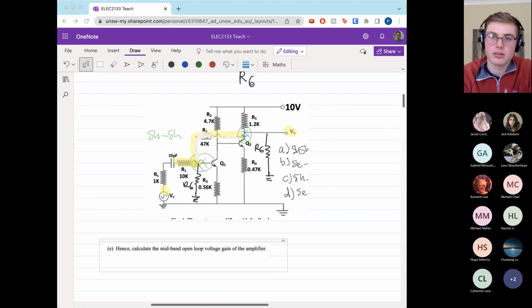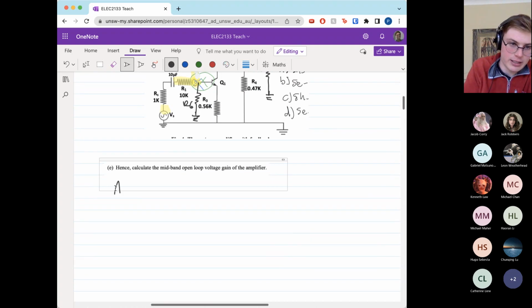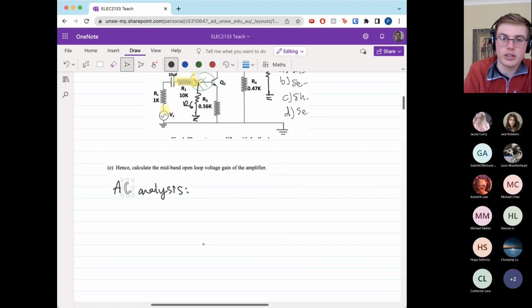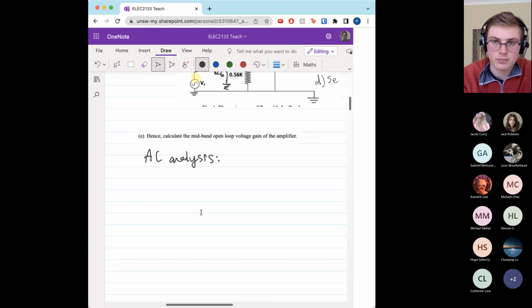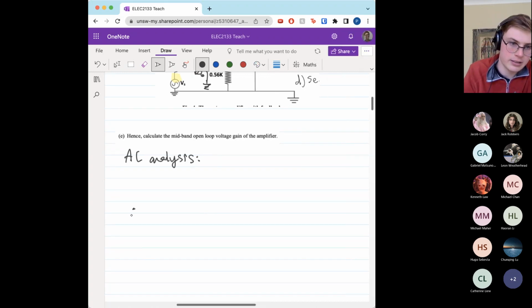I'll draw out the whole big thing. AC analysis. Since we have a shunt connection at the input, let's consider this IS instead. It's literally the same thing. We're going to have a source.